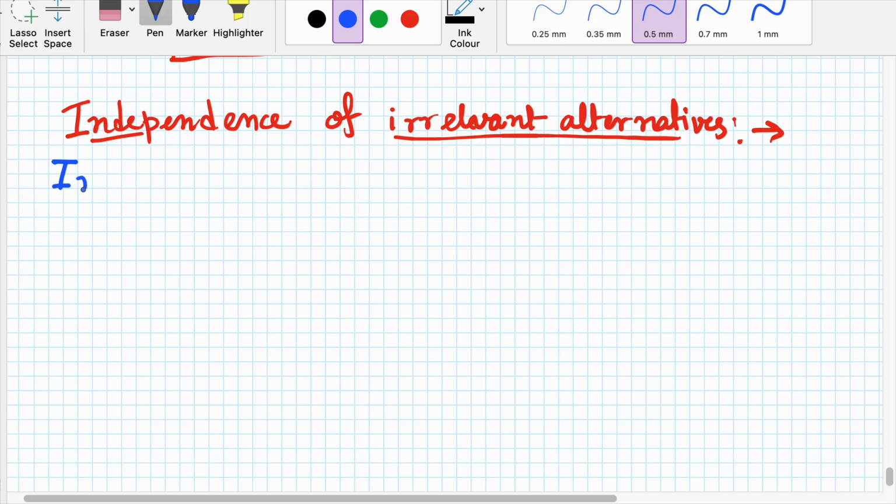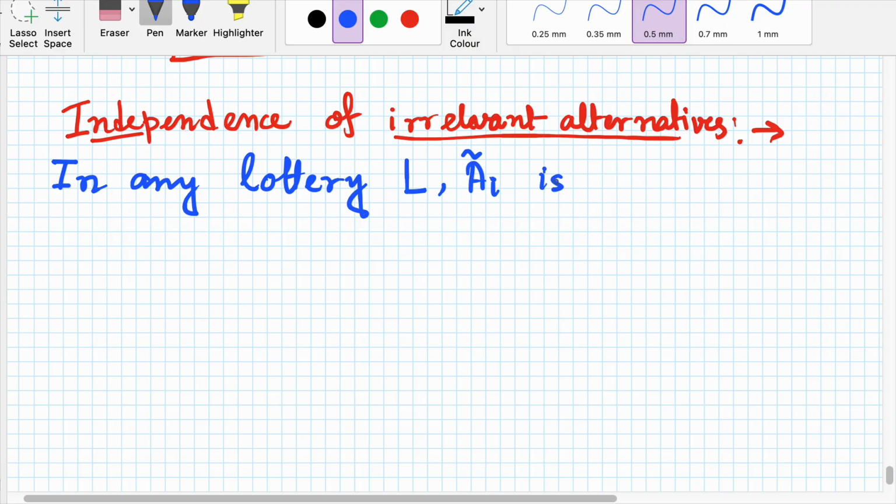In any lottery L, AI is substitutable. So that lottery that we discussed in the continuity axiom, that AI lottery is substitutable for AI tilde.